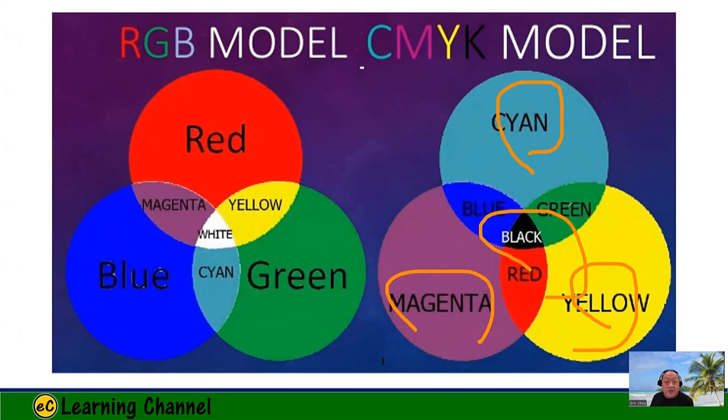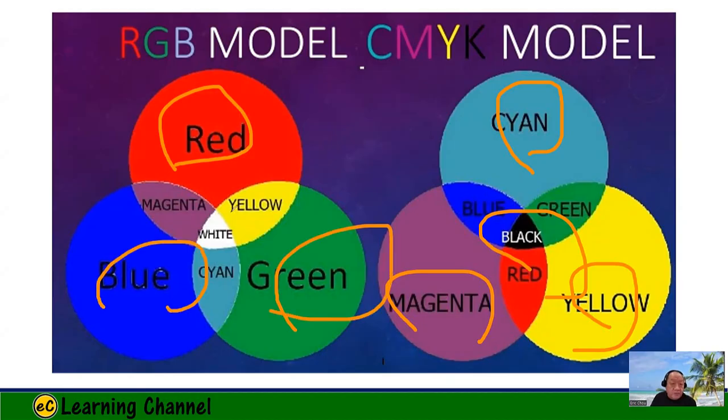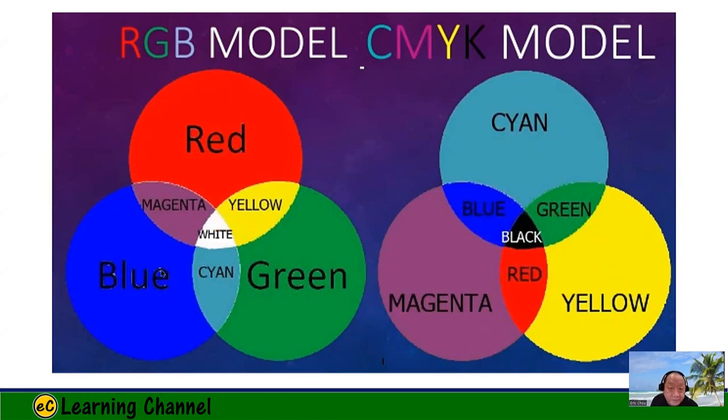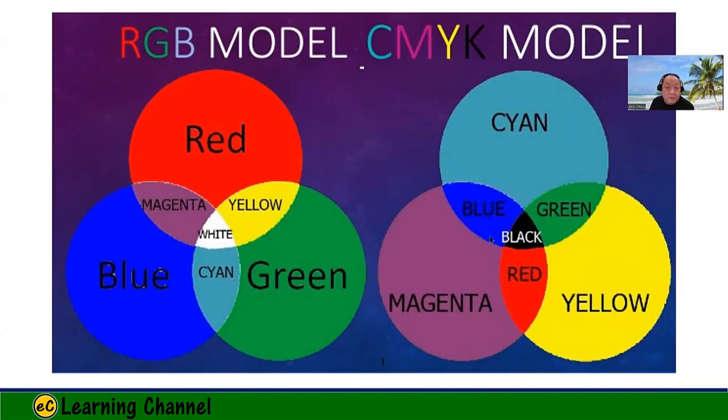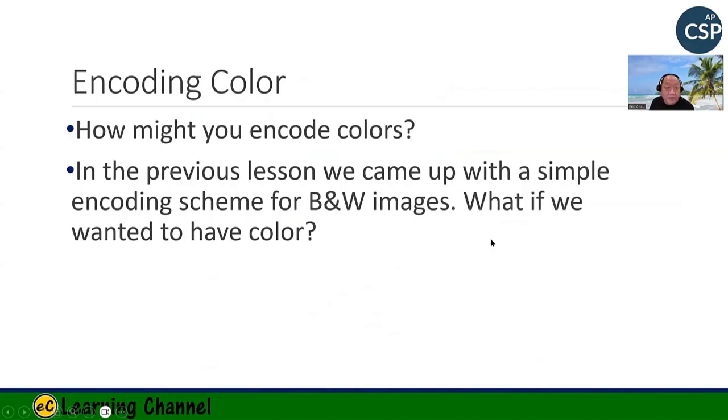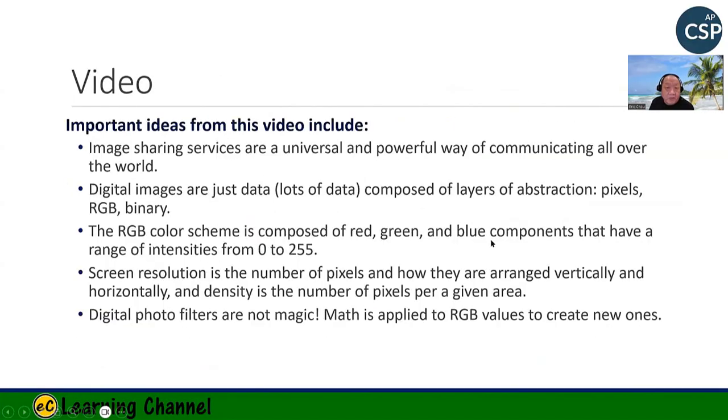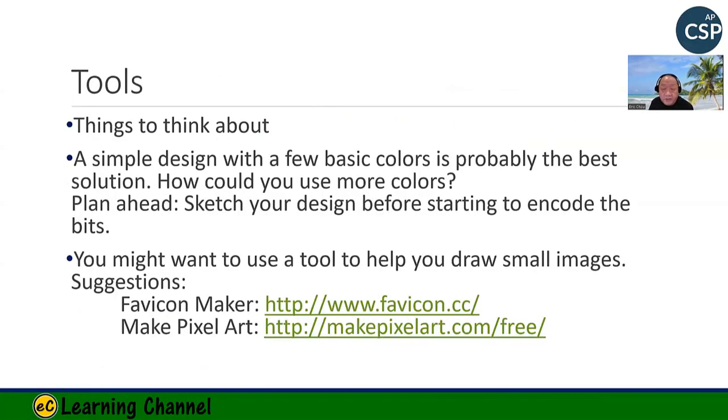You mix these 3 colors together, you make black. Red, green, and blue, you mix them together, you become white. So more color makes white in a monitor, and more color makes black in a printer. Does that make sense? Okay, we talked about it enough.